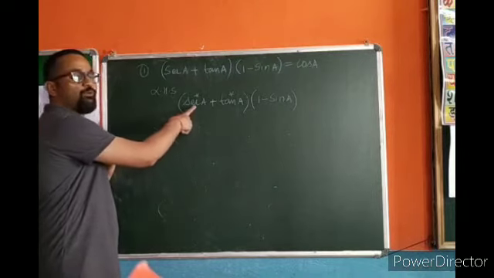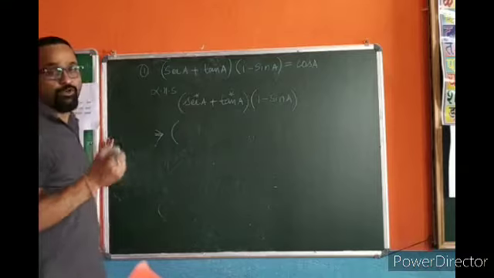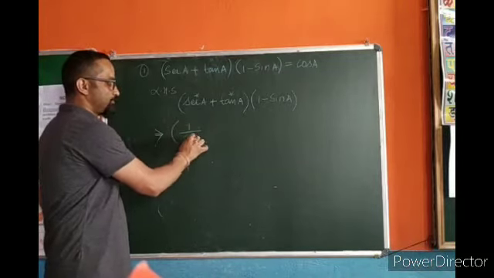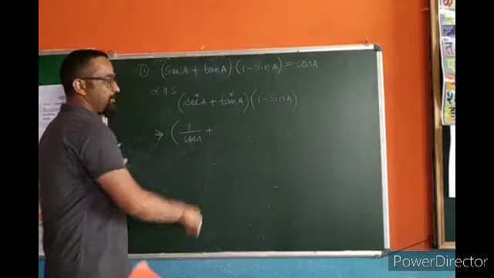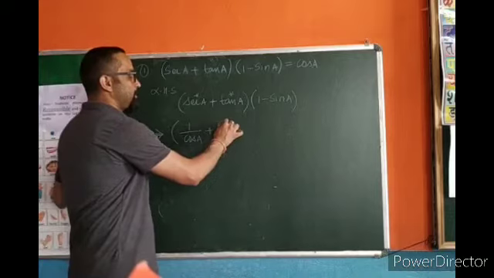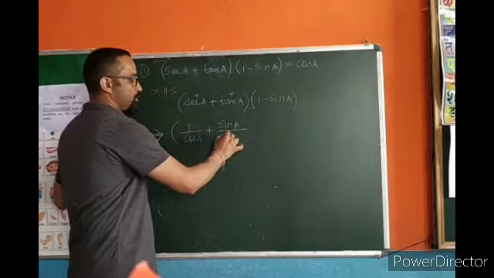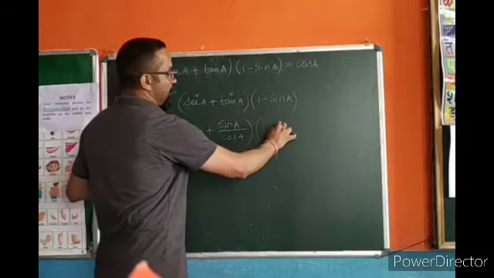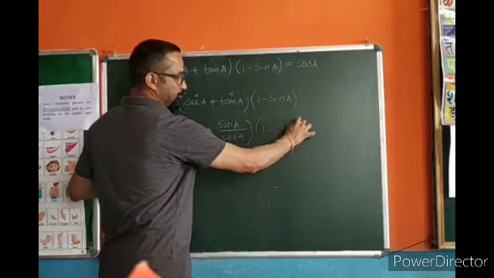Sec we are changing using the reciprocal relation. Sec can be written as 1 upon cos A. And tan can be written as sin A divided by cos A, quotient relation, times (1 − sin A).